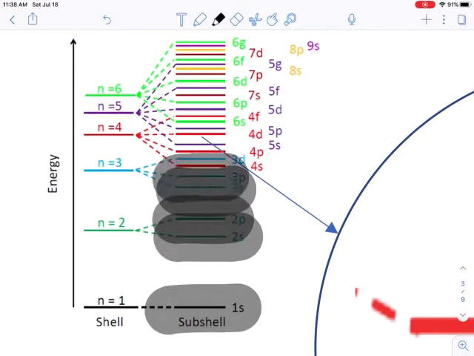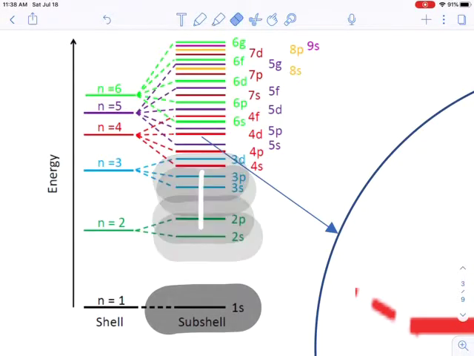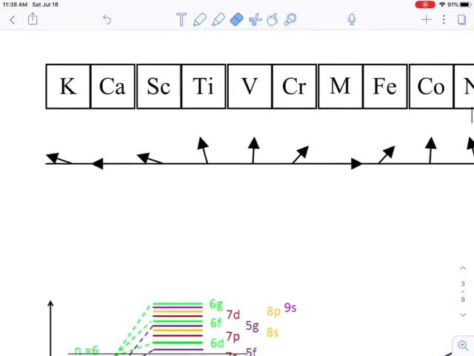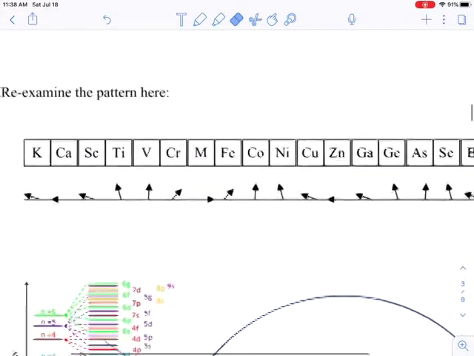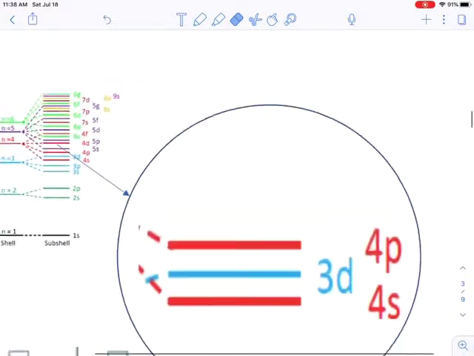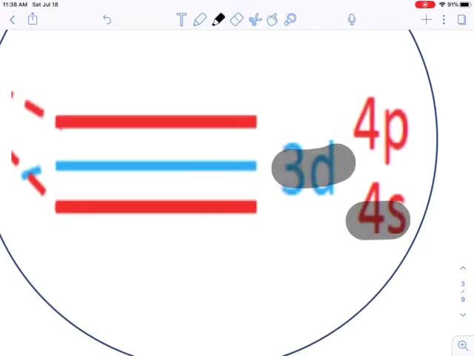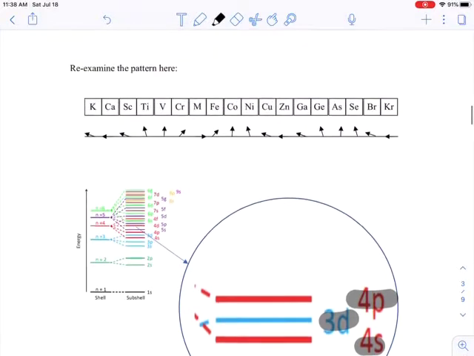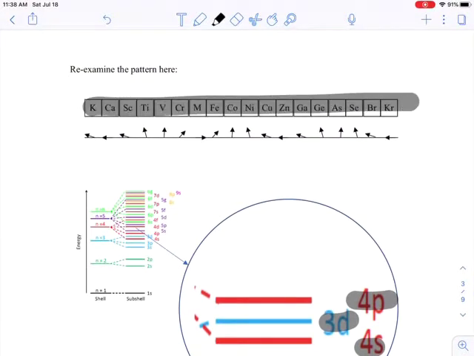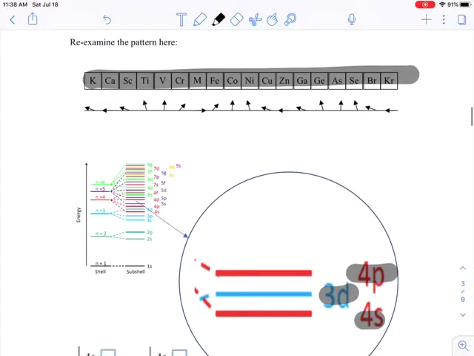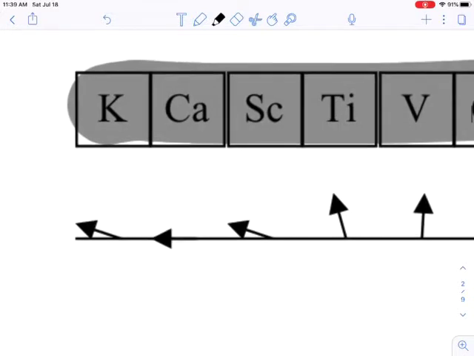We talked about this in the last discussion, where you got 1s, 2s, 2p, 3s, 3p, and so forth and so on, all the way up to there. We're going to focus in on just the calcium all the way over across to the krypton, which means that we are going to be focusing just on the 4s, the 3d, and the 4p, which is what these elements are in. The 4s, the 3d, and the 4p.